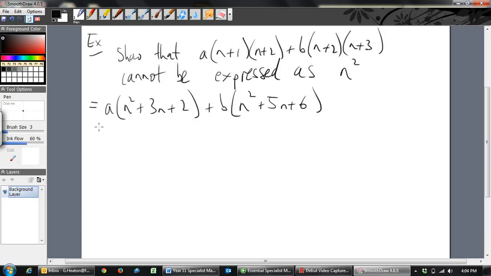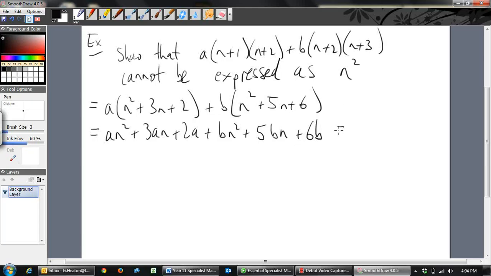Let's simplify this down. It equals an squared plus 3an plus 2a plus bn squared plus 5bn plus 6b.